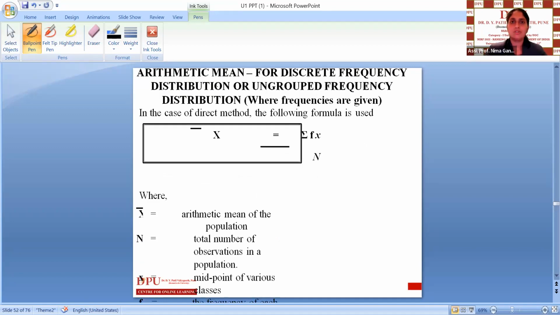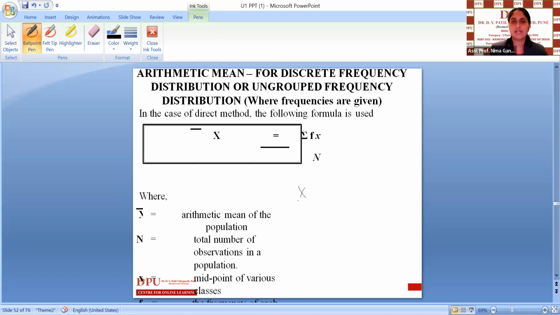So now we move to the discrete, or ungrouped, frequency distribution. The formula is the same: x bar is summation of fi xi divided by summation of fi.